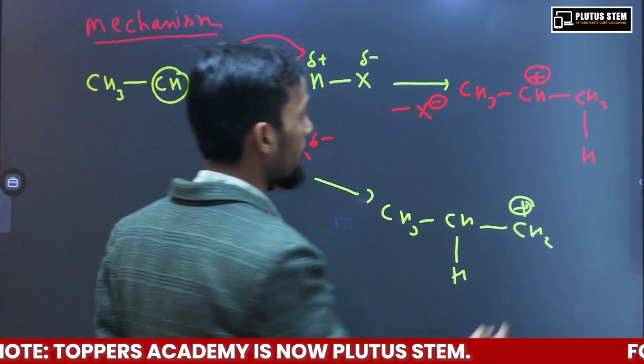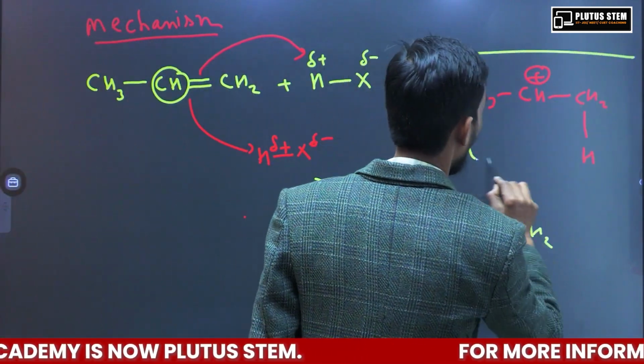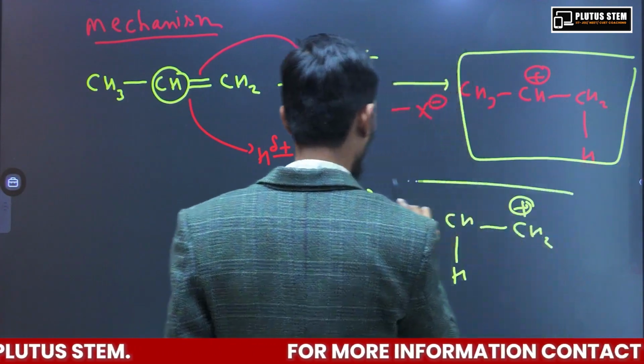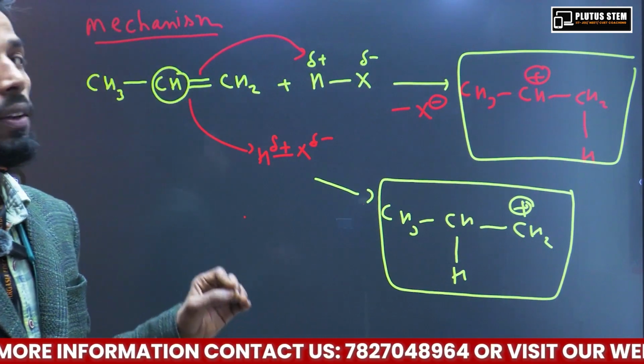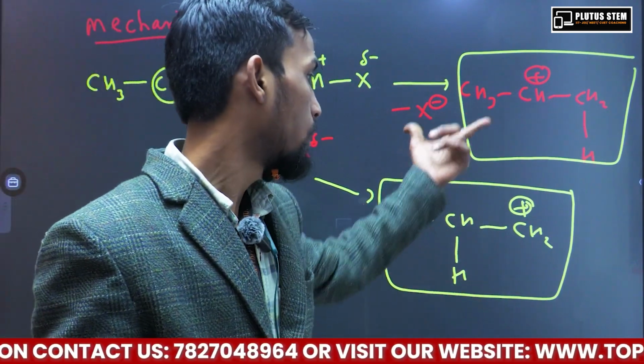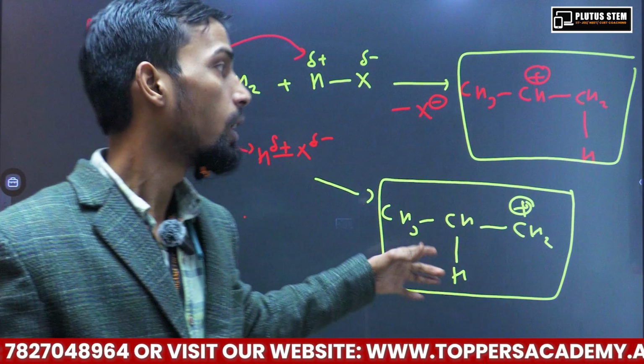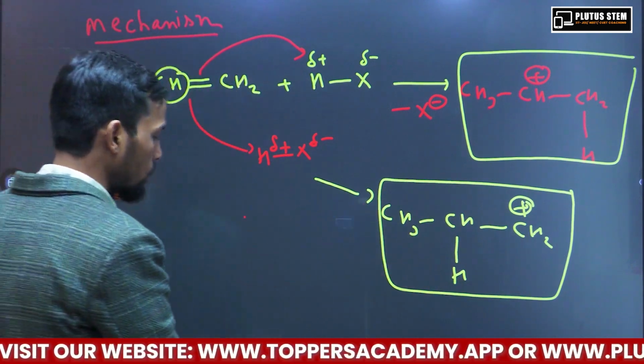So now there are two possibilities. One is this possibility, another is this possibility. Two possibilities we can clearly visualize in this question.